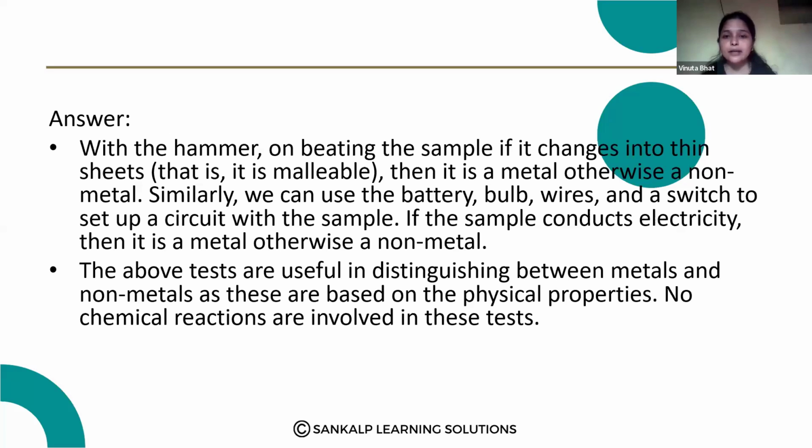Similarly, we can use the battery, bulb, wires and switch to set up a circuit with the sample. If the sample conducts electricity, then it is a metal, otherwise a non-metal. These tests are useful in distinguishing between metals and non-metals as they are based on physical properties. No chemical reactions are involved in these tests.